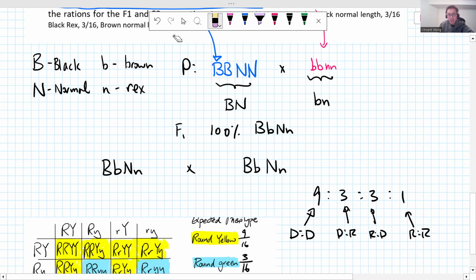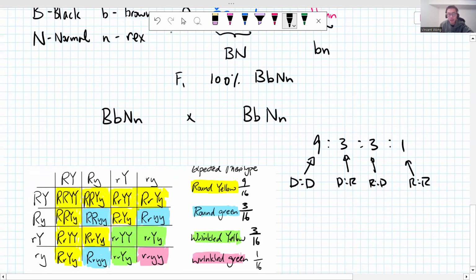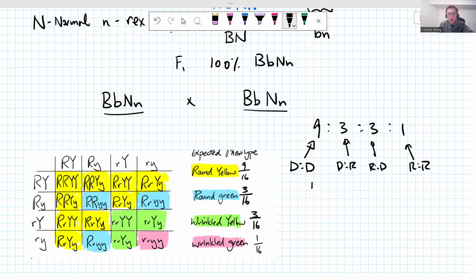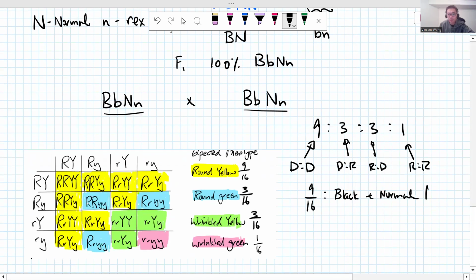So if you memorize this pattern, the 9331, you will use this every time it's heterozygous for both traits, then you don't have to do the chart. You can just go, okay, 9 out of 16 is dominant, which in this case is black plus normal fur. 3 out of 16 is dominant, so it's black and Rex.